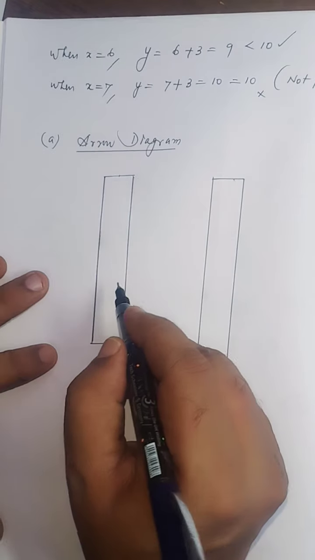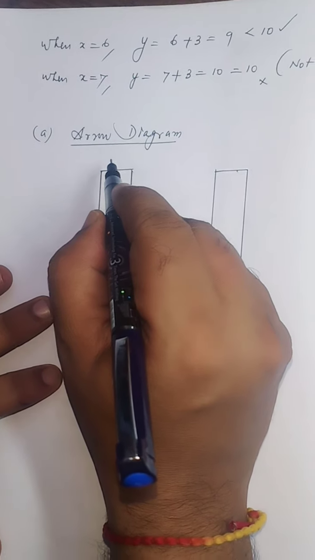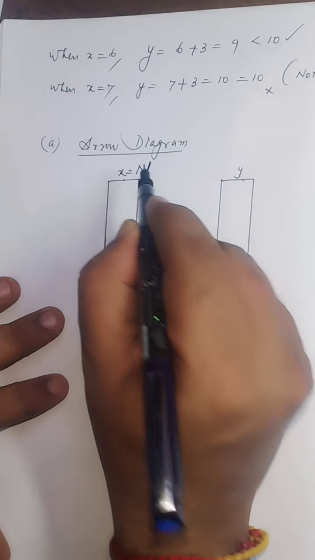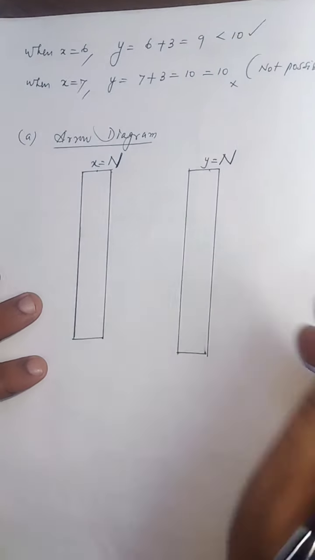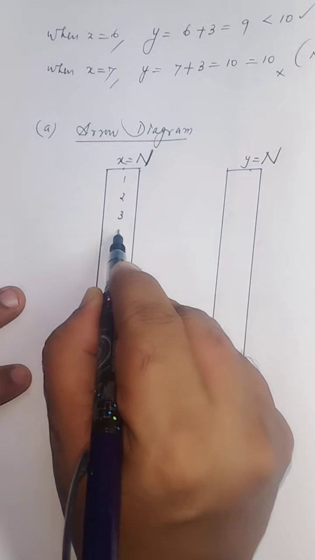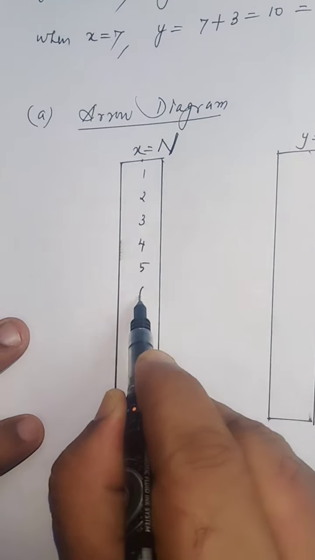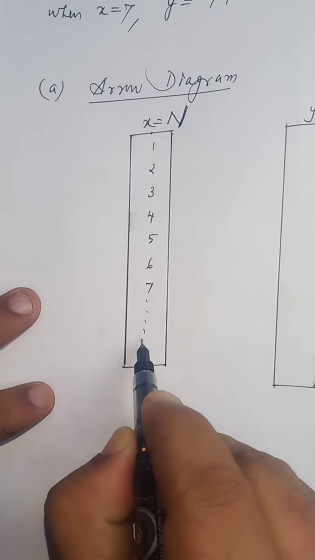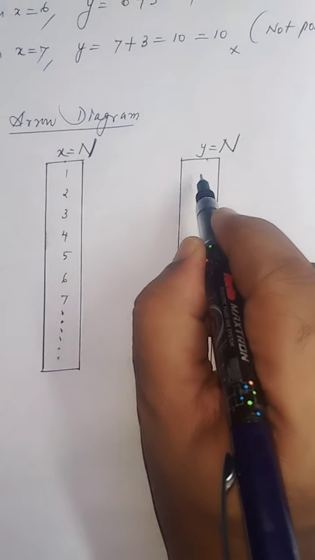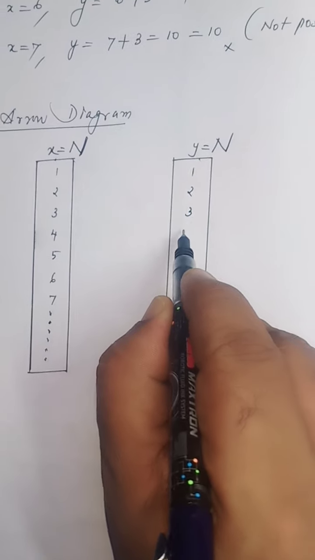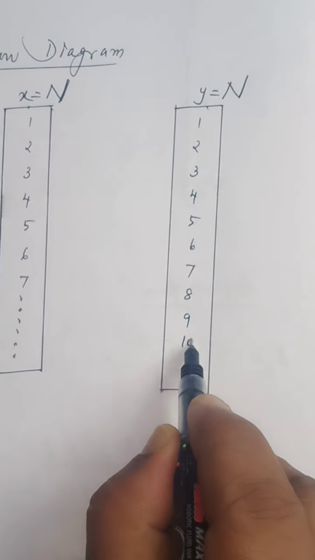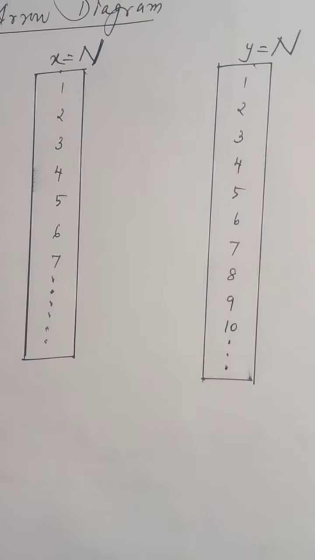I have taken a rectangle here. Here also you have two sets, one is x, another one is y. Both are natural numbers. N represents the set of natural numbers, 1, 2, 3, 4, 5, 6, 7, etc. It is going on, no end at all. Here also I have written 1, 2, 3, 4, 5, 6, 7, 8, 9, 10, etc.